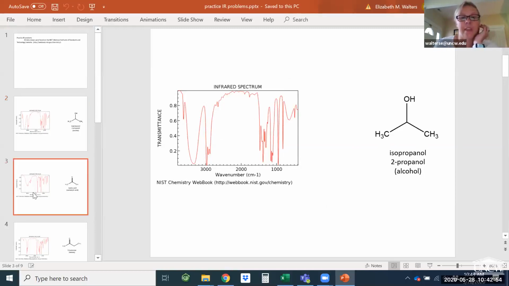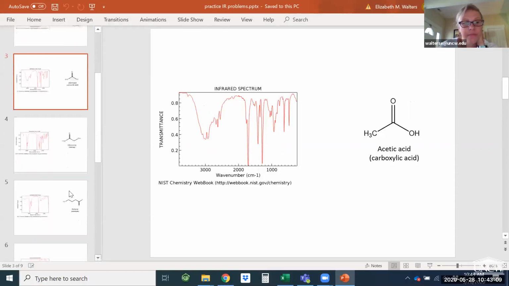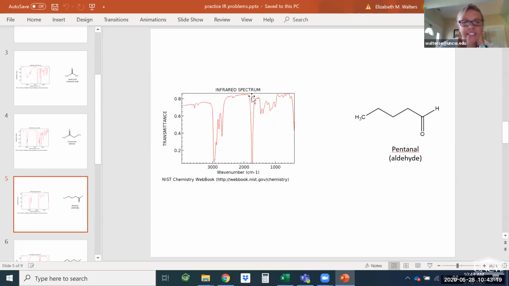Here's an example of a carboxylic acid. So you see that jaggedy OH peak, and you see a big long carbonyl C double bond O. Here's a ketone, C double bond O. Here's an aldehyde, C double bond O. Now there are differences.